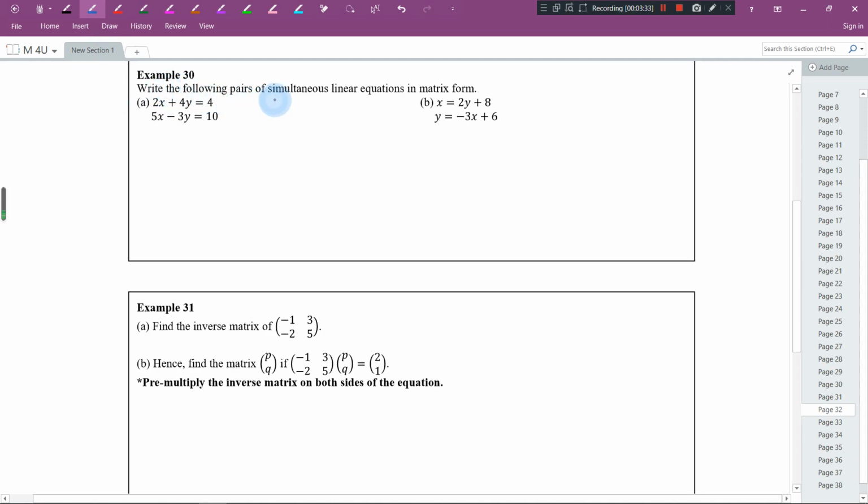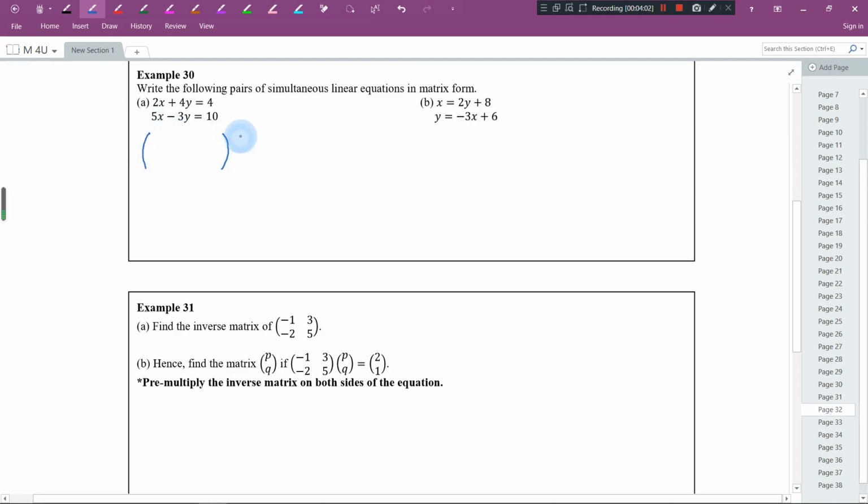Write the following pair of simultaneous linear equations in matrix form. So remember, before you write them in matrix form, make sure you arrange the linear equations nicely. This one is already arranged nicely: x, y, and the constant are on another side. So we can start writing them into matrix form.